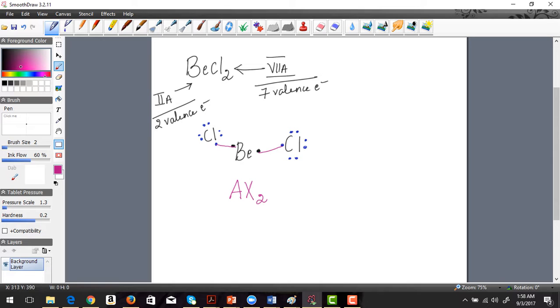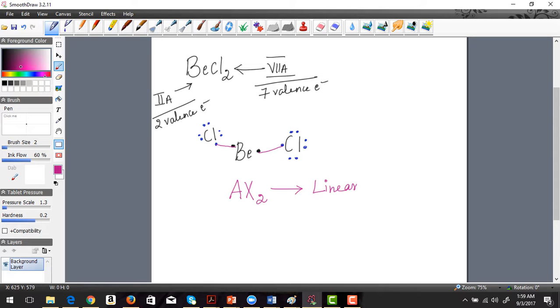There is no lone pair on the central atom, so you don't need to write E. And this is linear, AX2. I will summarize all this at the very end, but for now, take my word for it. This is the electron geometry of AX2, which is linear.